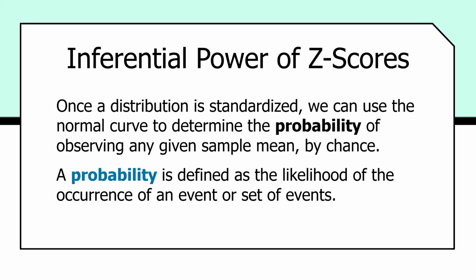Those would be highly probable. So now we have a device, a vehicle, a tool for determining the probability of observing a certain event, or of observing a certain sample mean. What is a probability? A probability is defined as the likelihood of the occurrence of an event or set of events.